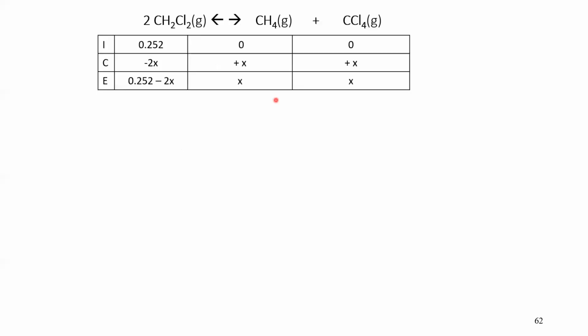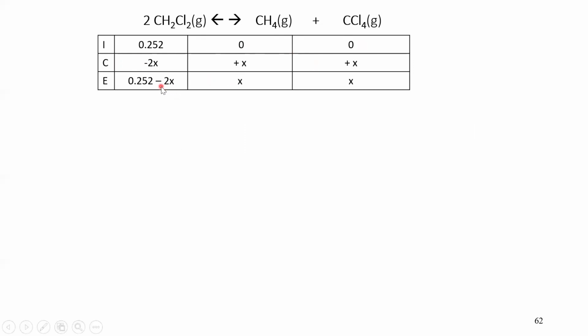So we're going to start with our ice chart. Okay, we start with 0.252, 0, and 0. The change is stoichiometric, so negative 2x will react, X and X are produced.